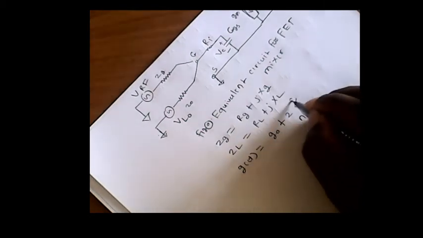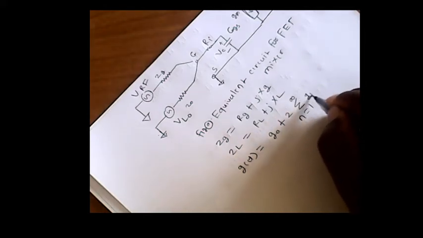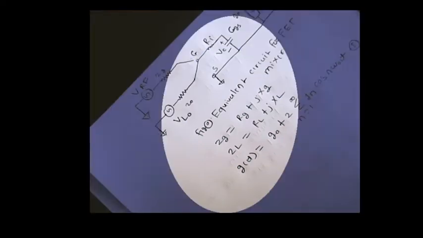So g(t) is equal to G0 plus 2 summation n equal to 1 to infinity Gn cos n omega 0 t. So this is equation number 1. Since the FET transconductance is driven by the local oscillator signal, its time variation can be expressed as a Fourier series in terms of the harmonics of the local oscillator.